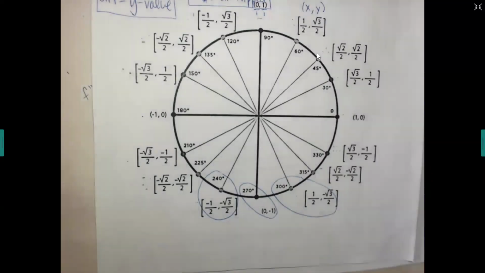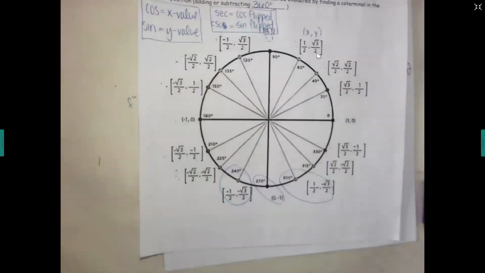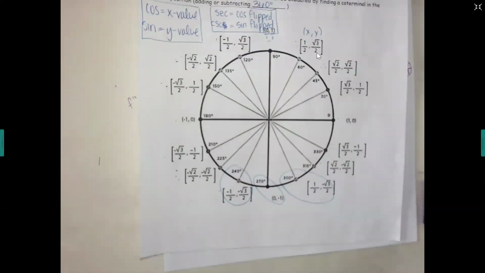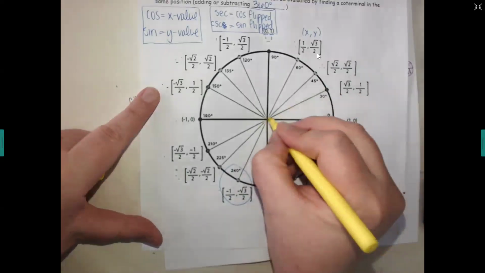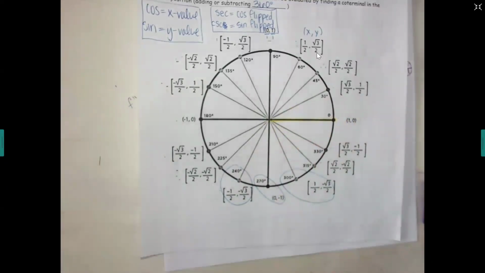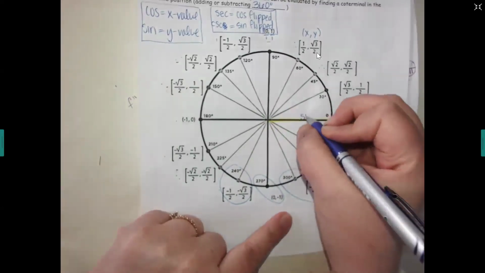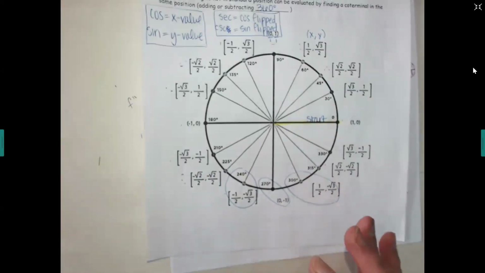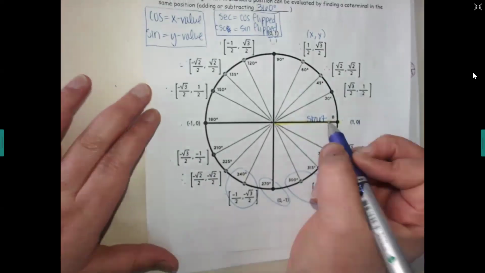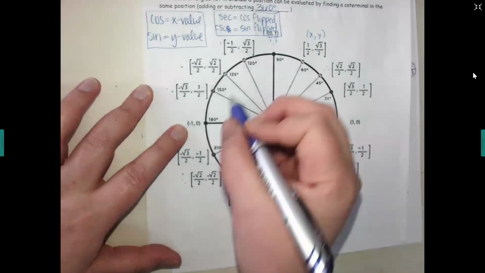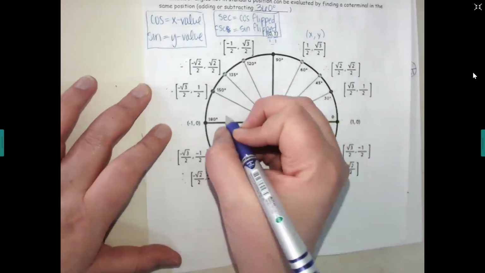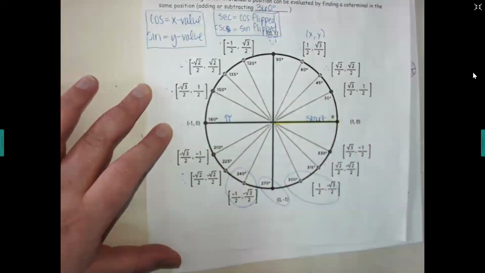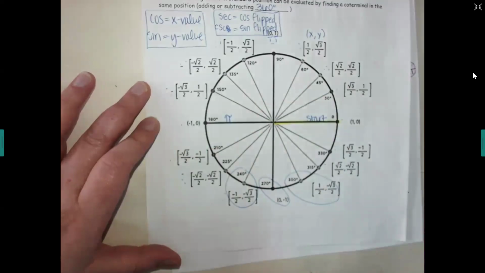Okay, 0 degrees and 0 radians are in the exact same spot. So I'm going to put right here, this is my starting position. If I go halfway around the circle, so from here to 180, that's 1 full pi. What was 90 degrees?